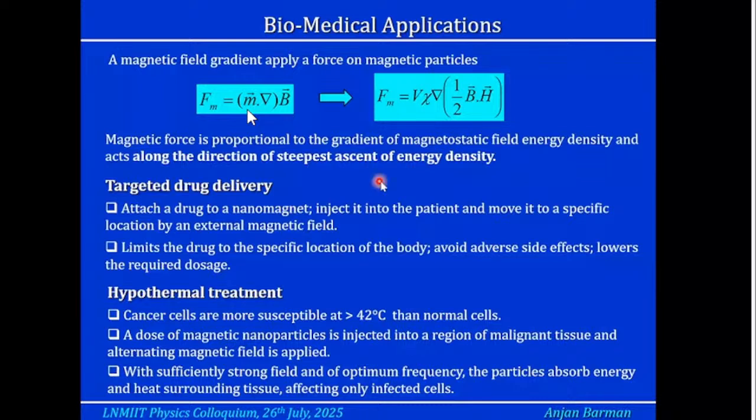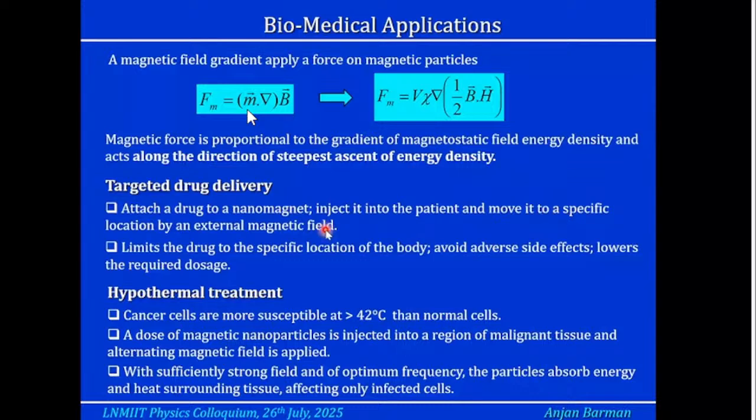So what you can do is targeted drug delivery. You can attach a drug to a nanomagnet, and then you inject it into the patient. Then by applying a magnetic field with a magnet from outside the body of the patient, you create this magnetic field gradient, and you can move it to a specific location, and then you release the drug.